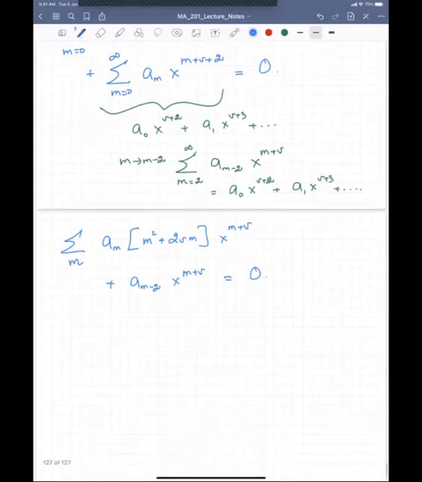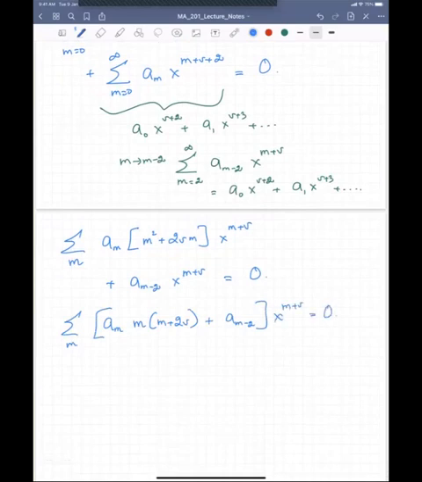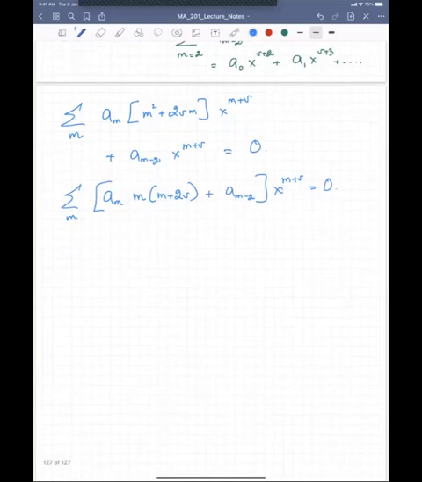Okay. So I can club everything now and write this as (m squared plus 2 m nu) a_m plus a_(m minus 2), the whole thing multiplied by x to the m plus nu, has to be equal to 0, which now gives me a recursion relation between the coefficients. So this gives me that a_m is minus 1 divided by m times (m plus 2 nu) times a_(m minus 2). Okay.